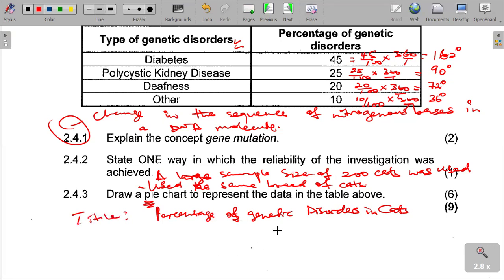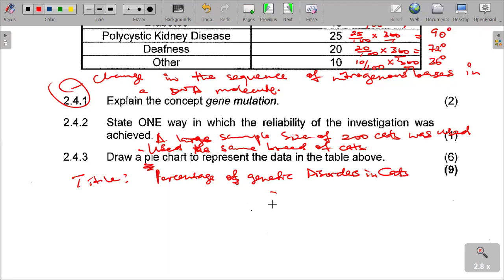Then I can draw my pie chart, which is just a circle.